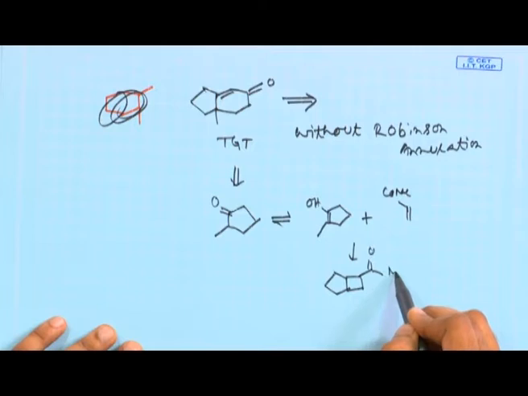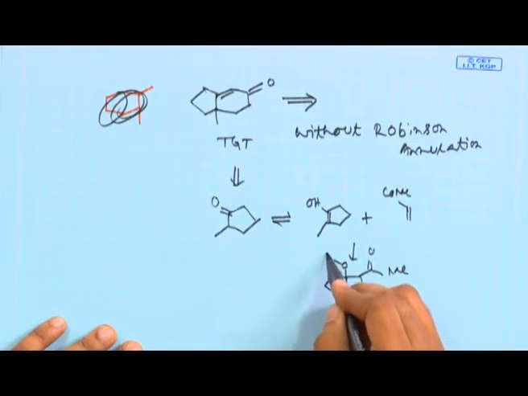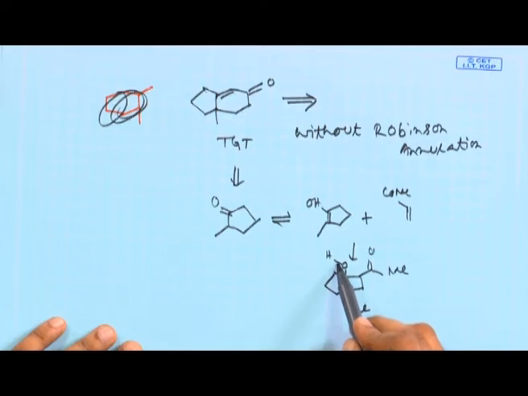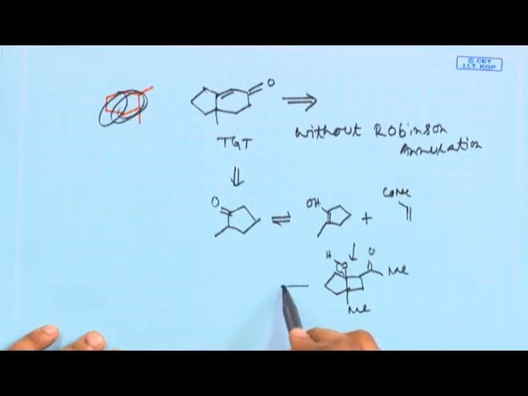Okay. And then you can find that a simple retroaldol reaction now takes place. Now, this retroaldol is important because the ring will now be opening up in a different way. So, it opens up in a different way.